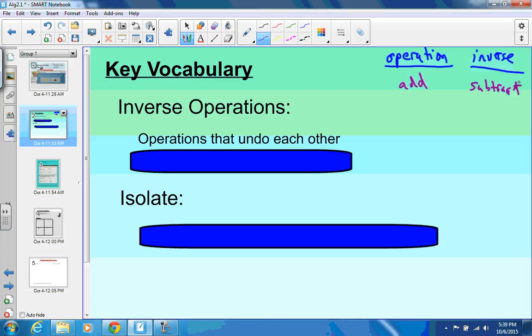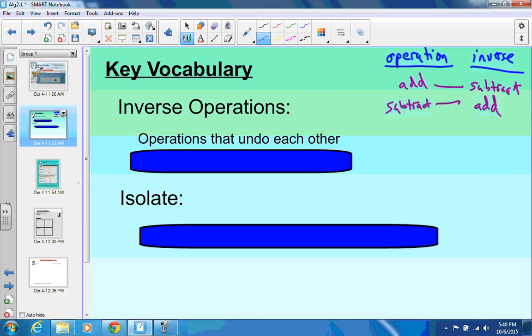All right, what if your operation is subtract? Well, what would you do to undo subtracting? Well, you could add. Adding and subtracting undo each other, just like a positive and a negative of the same number would undo each other, they'd get to 0.